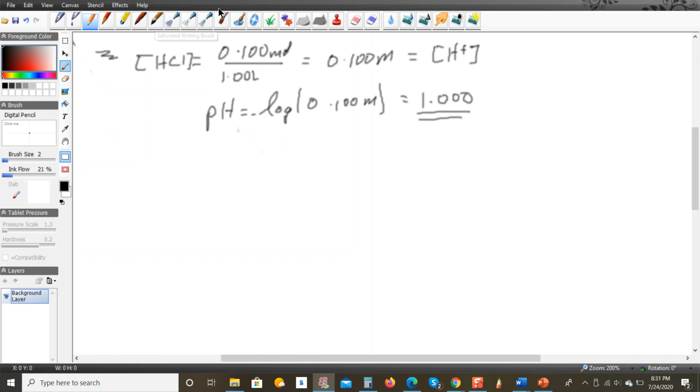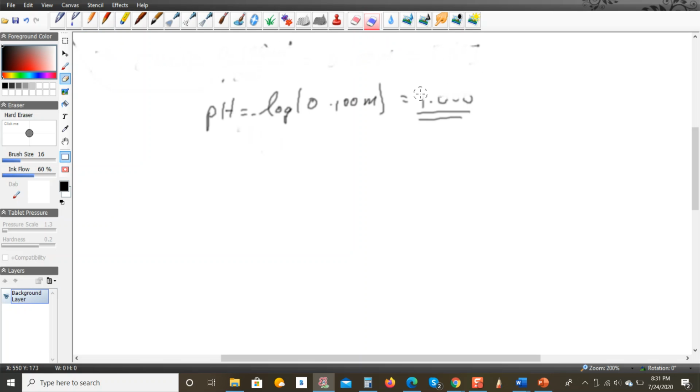That's the easy part of this exercise. Because I know I need space for the next part, I have to erase all of this here.